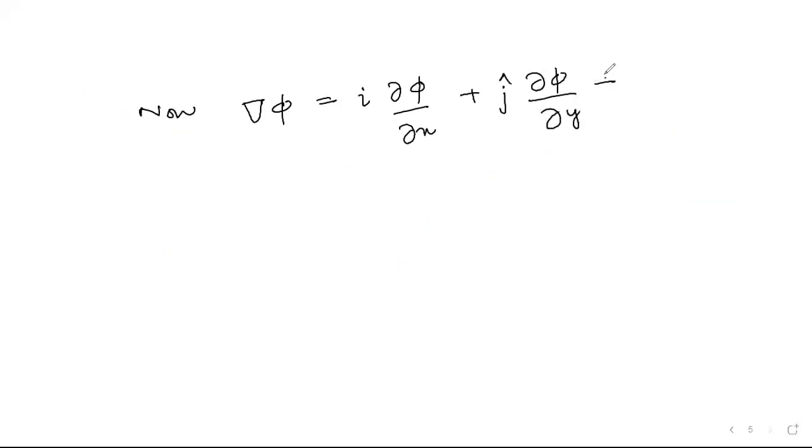Now I find the gradient of phi, which is i cap dou phi by dou x plus j cap dou phi by dou y plus k cap dou phi by dou z. Let me write it neatly. So let us find these partial derivatives.